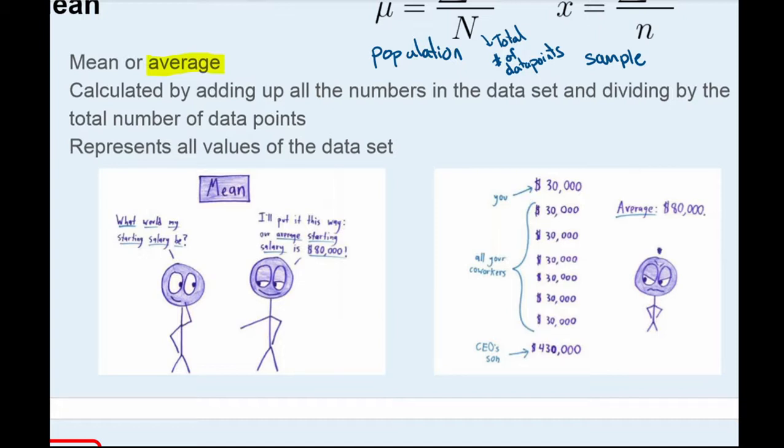That overpowers or changes the mean when the rest of them are lower. So even though the average is $80,000, no one is actually earning that. So just things to consider when you're looking at the mean: do you have any extremely large or extremely small values that could be affecting your mean?